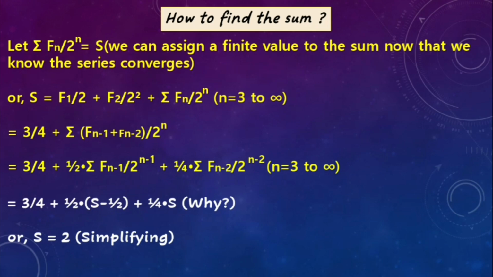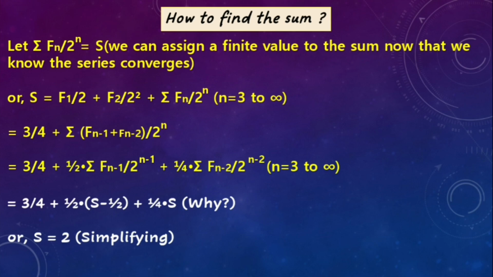So s equals 3 by 4 as usual, plus half into the first series, that is summation Fn minus 1 upon 2 to the n minus 1 from 3 to infinity. That will be s minus half. And the summation from 3 to infinity of Fn minus 2 upon 2 to the n minus 2 will be simply s.